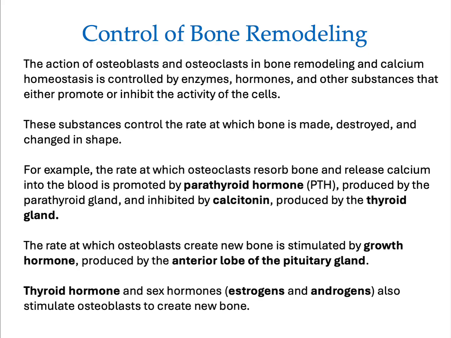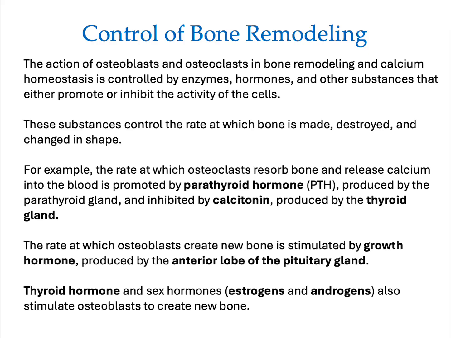Control of bone remodeling. The action of osteoblasts and osteoclasts in bone remodeling and calcium homeostasis is controlled by enzymes, hormones, and other substances that either promote or inhibit the activity of the cells. These substances control the rate at which bone is made, destroyed, and changed in shape.